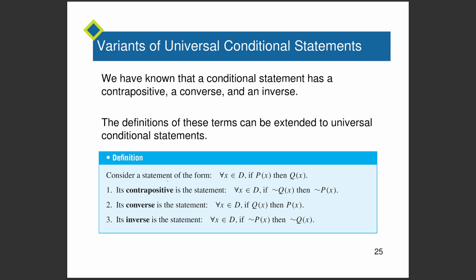So now we have some variants of universal and conditional statements. Consider a statement of the form: for all x in D, if P of x, then Q of x, like what we had in the previous part. What we are going to do here is discuss the contrapositive, converse, and inverse.